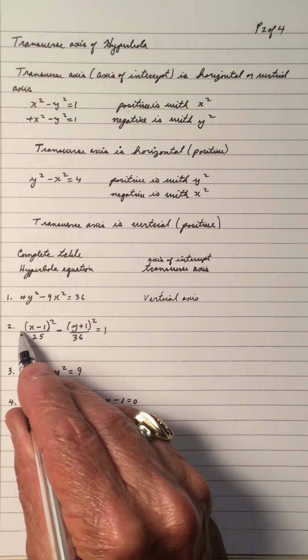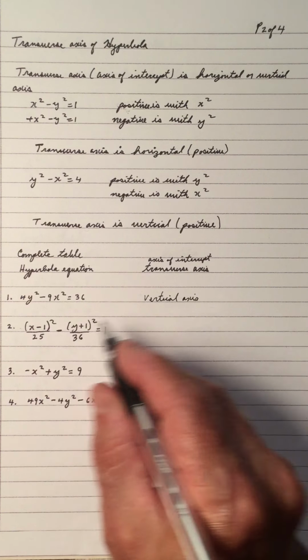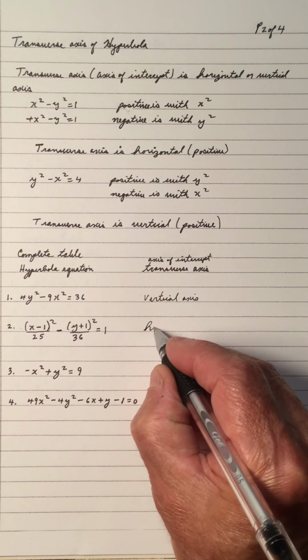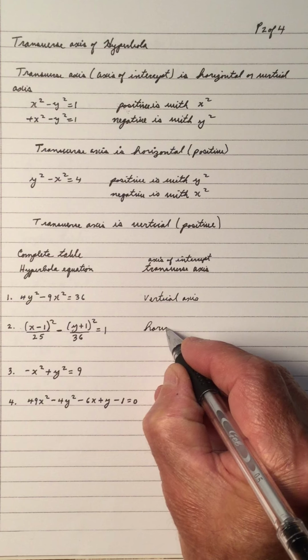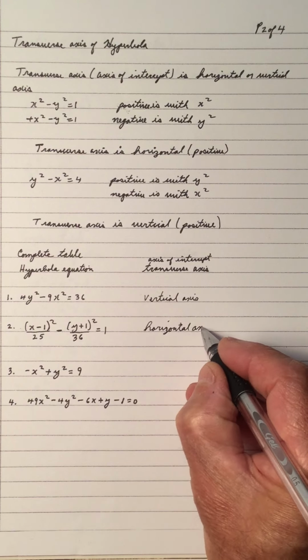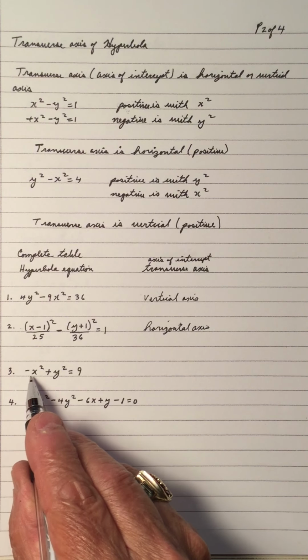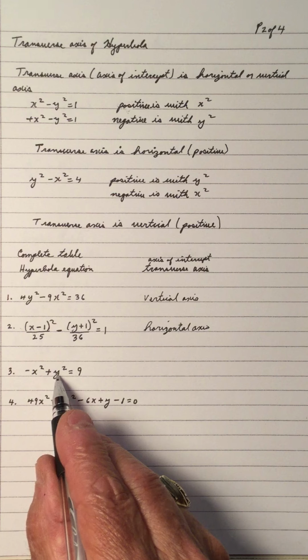Notice in this one, the x squared is positive in front, the y squared is negative. The positive one is with x, so the transverse axis is the horizontal axis. And in number 3, we have negative x squared plus y squared.